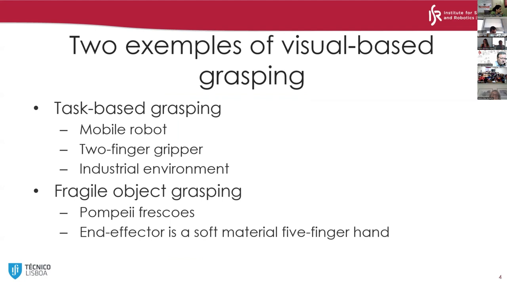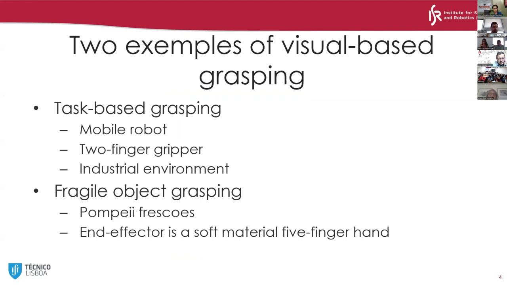The second example is about a project that Professor Jose talked about, about archaeology, the Pompeii frescoes. In this second case, the end effector is a soft material hand that was particularly chosen to avoid damaging the objects.